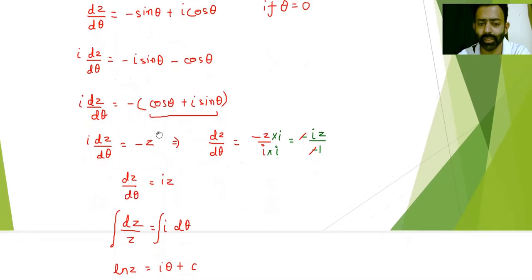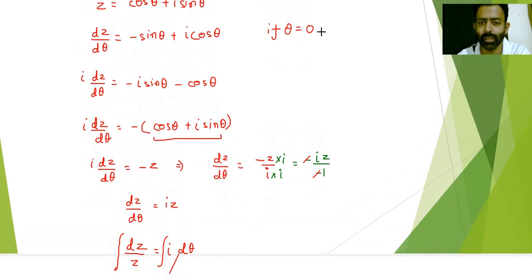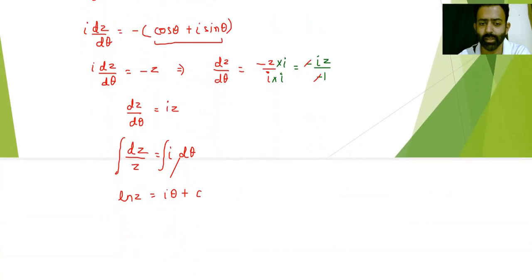Putting this initial condition, that if theta is 0 then z is 1, into the solution, we get ln 1 is equal to 0 plus c. And what is the value of log 1? It is always 0. That means this constant is 0.